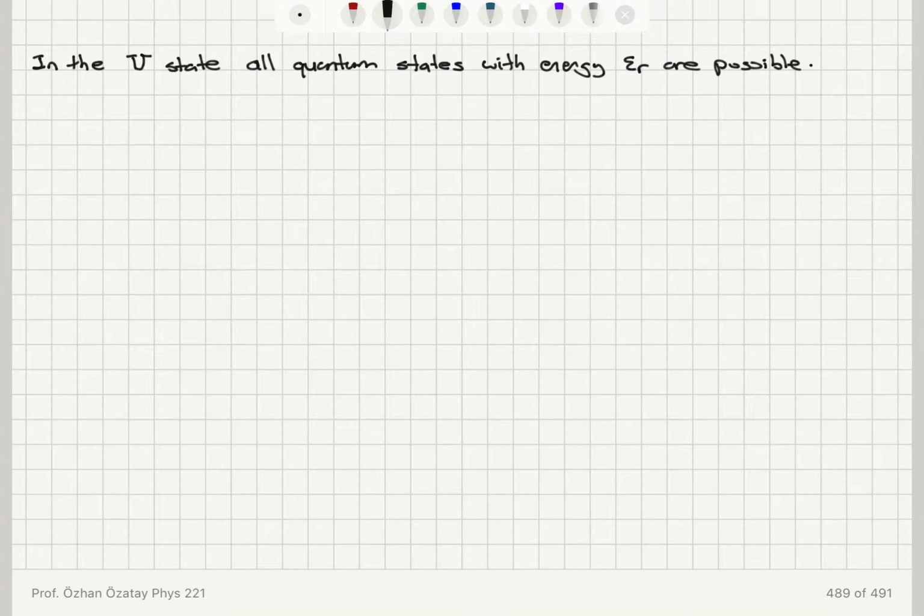So all of them. So the probability of being in the undissociated configuration is the sum over all quantum states of the proportionality constant C times exponential of minus beta epsilon_r. So if we rewrite this, the proportionality constant does not belong to the addition.